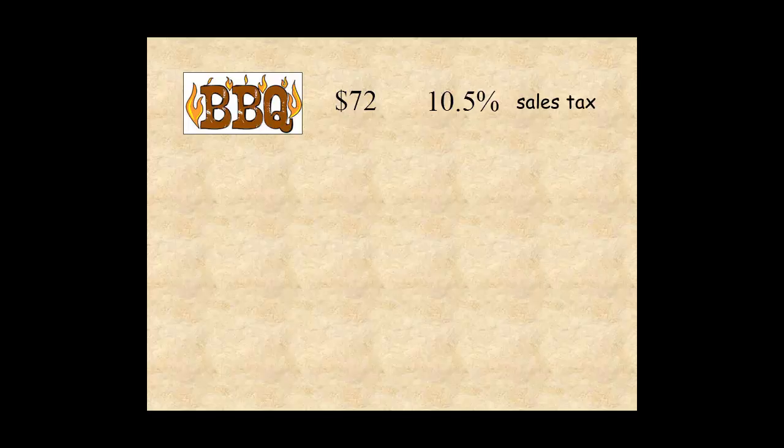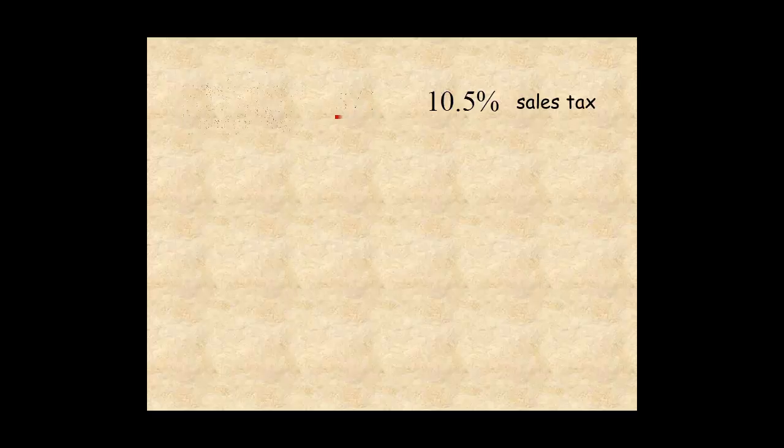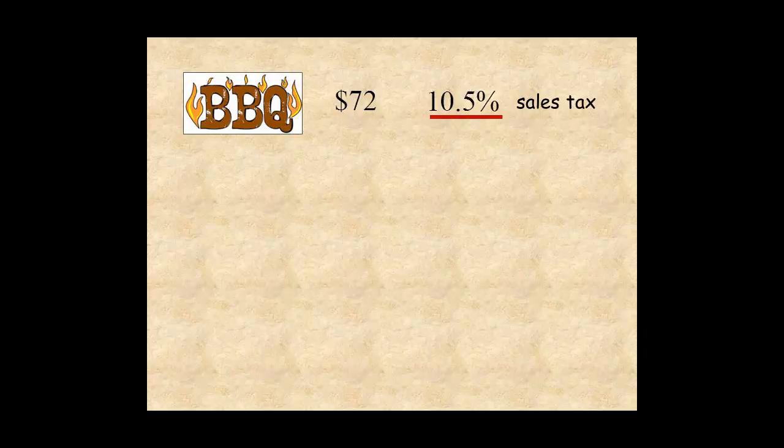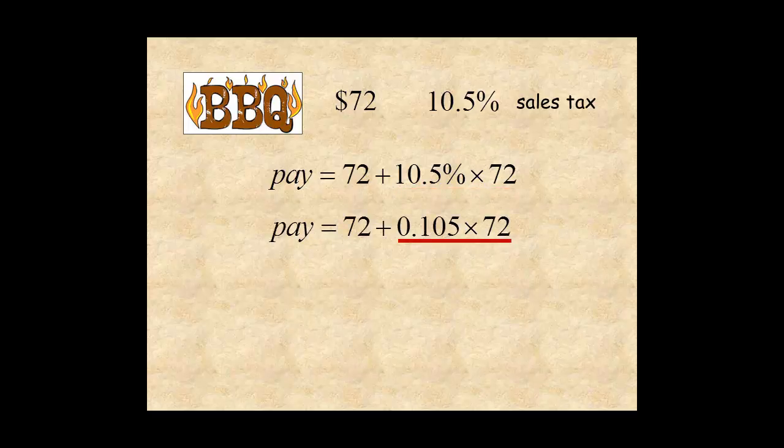Suppose you buy a new barbecue for $72. If the sales tax is 10.5%, the actual price you pay is 72 plus 10.5% times 72. Expressing the percent as a decimal, this is 72 plus 0.105 times 72.